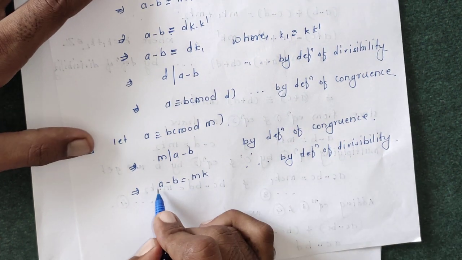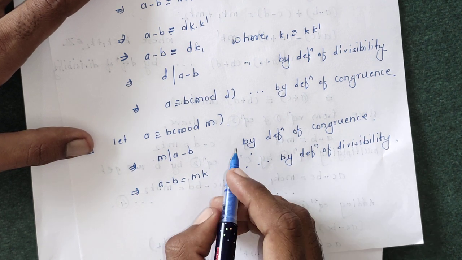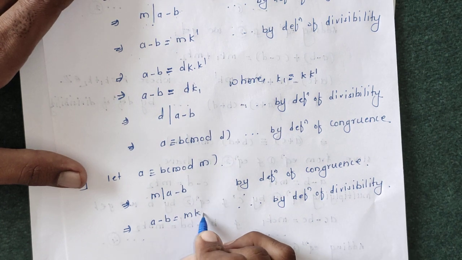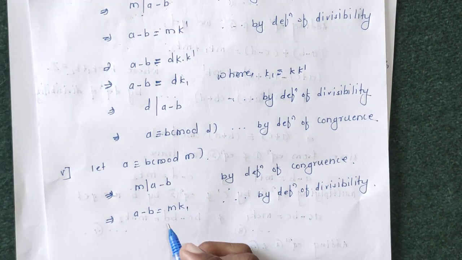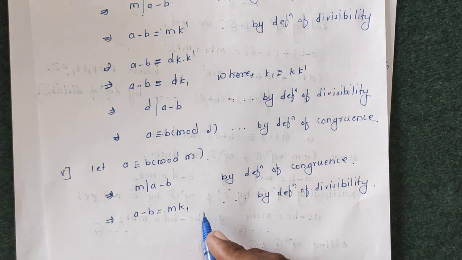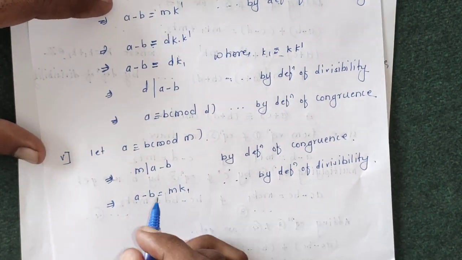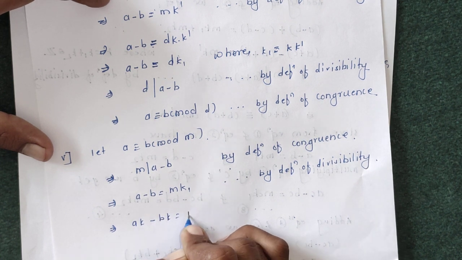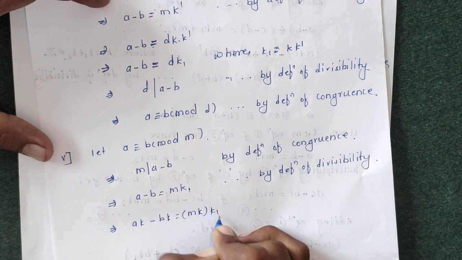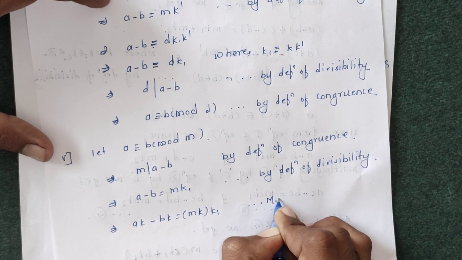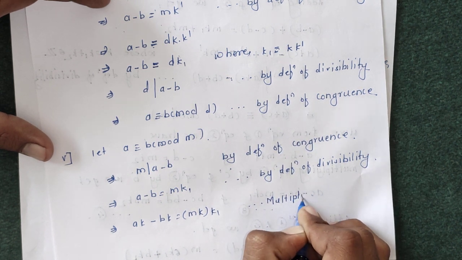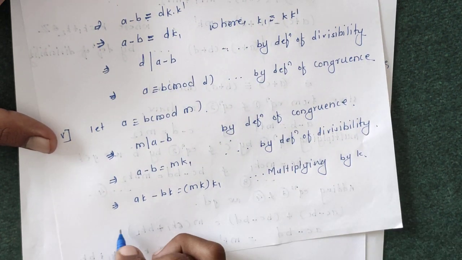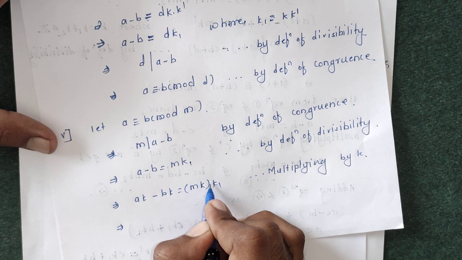Suppose we have to prove that ak is congruent to bk mod mk, so we are going to use different notation, k1, which is an integer. So a minus b equals m k1. Now we multiply both sides by k. This gives us ak minus bk equals mk times k1, which is mk times another integer.